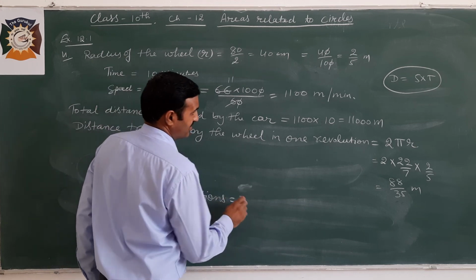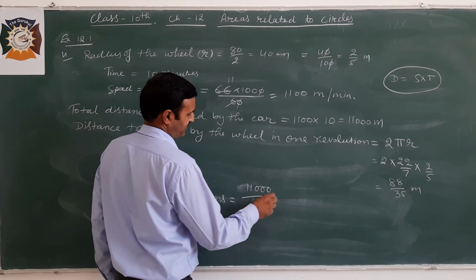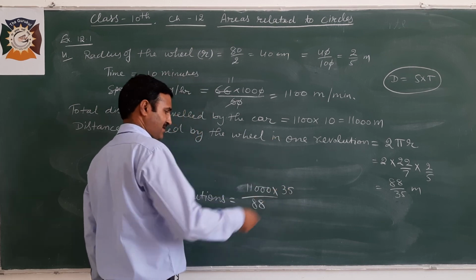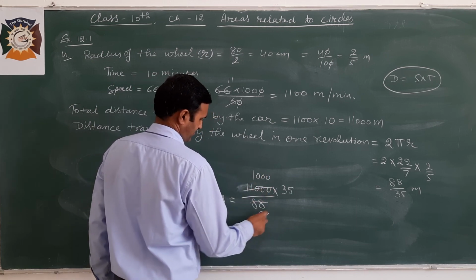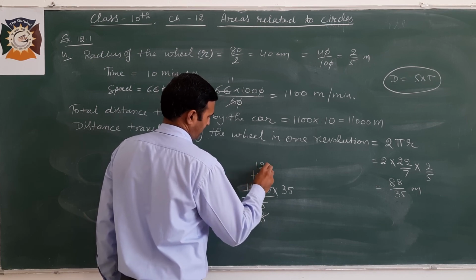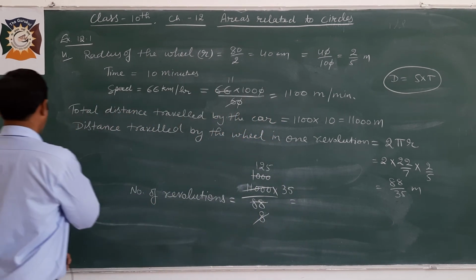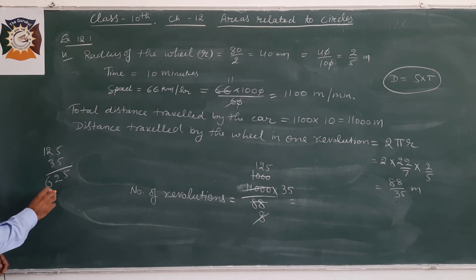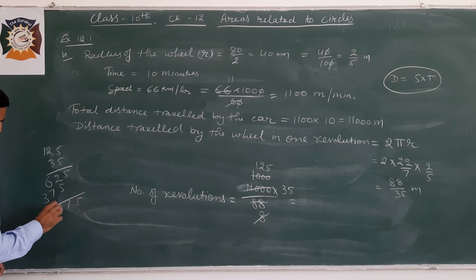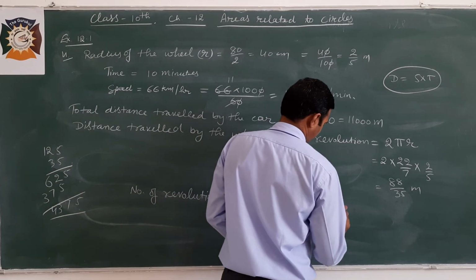Number of revolutions is total distance upon, and total distance is 11,000 upon 88 upon 35. 88 by 35 becomes its reciprocal. 11 1 goes 11, 125 into 35, that is 4,375 revolutions.